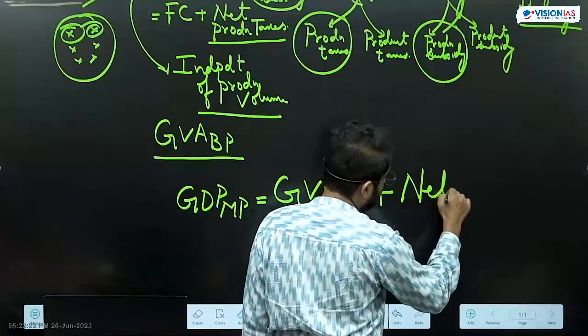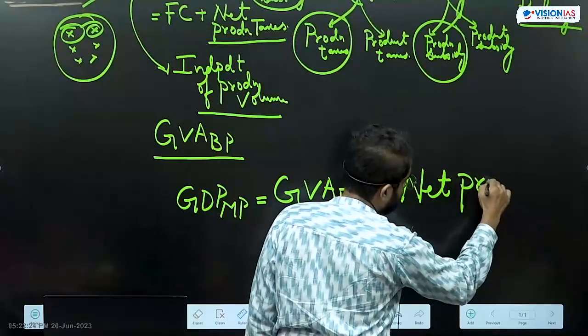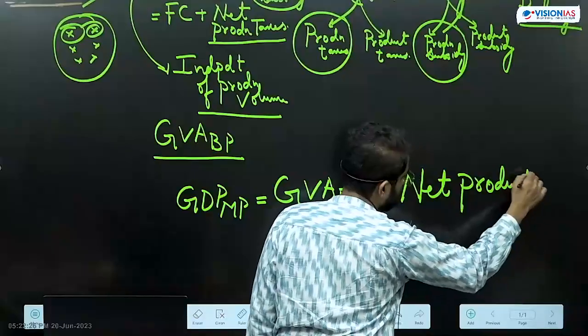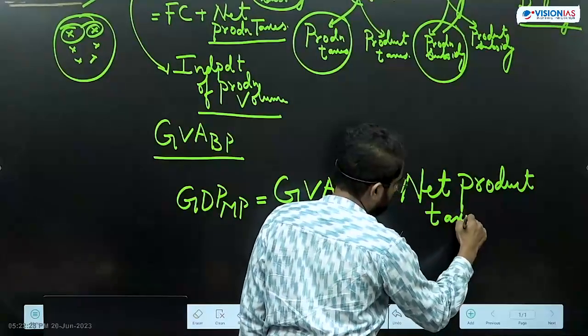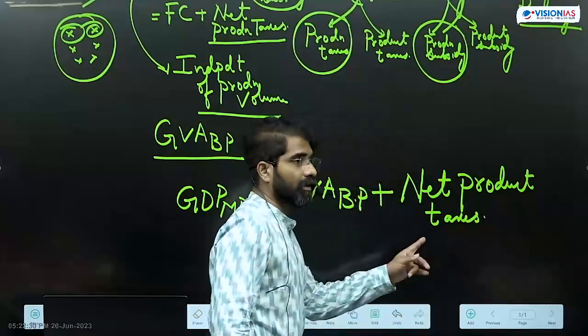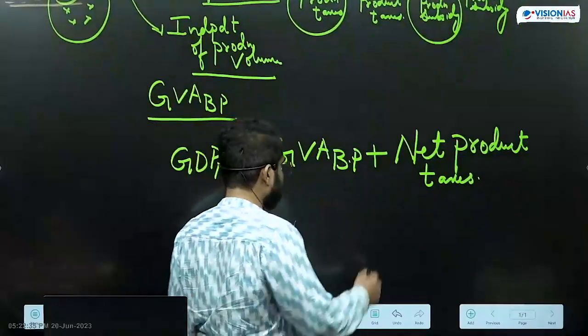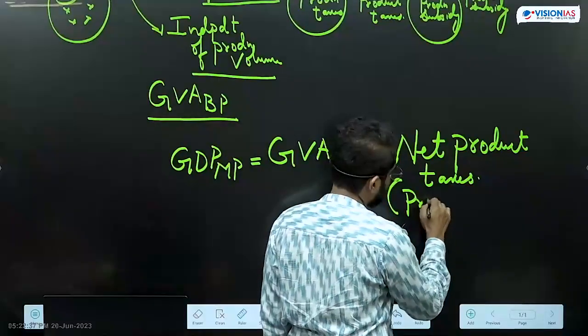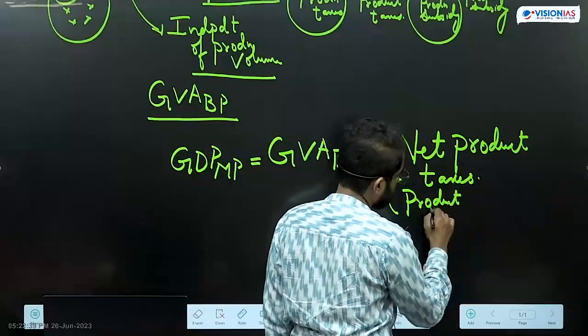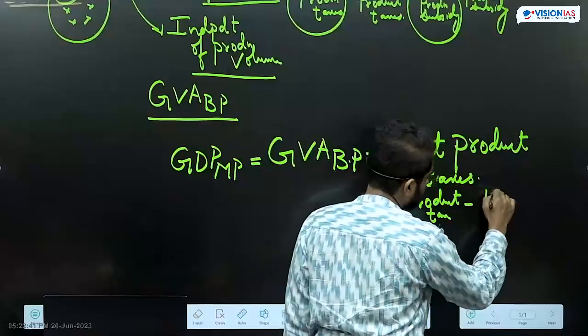now you are adding what? Net product taxes. Is this clear? Net product tax means product tax minus product subsidy.